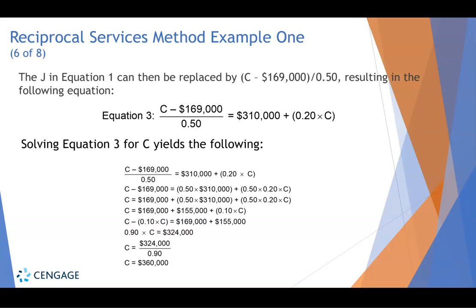Or we can say 90% of C is 324. We divide both sides by 0.90 to come up with C equals 360,000. Lots of work.